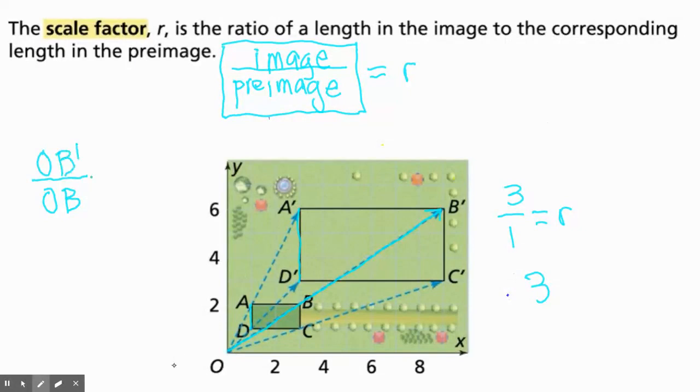So OB to OB prime, that scale factor is also 3. So from O to B prime is 3 times the length than O to B.